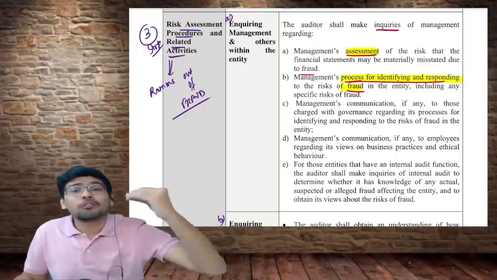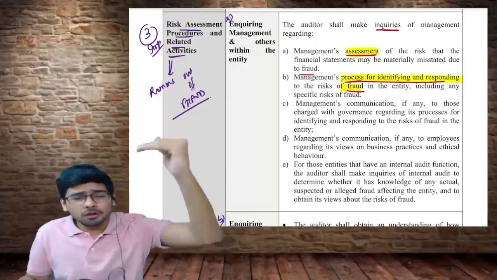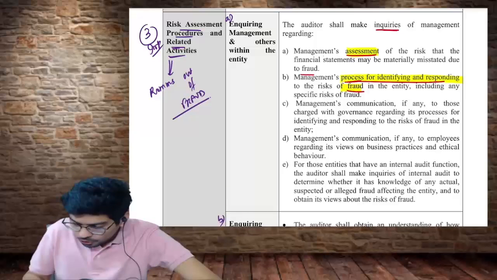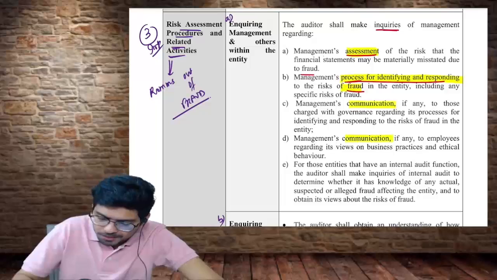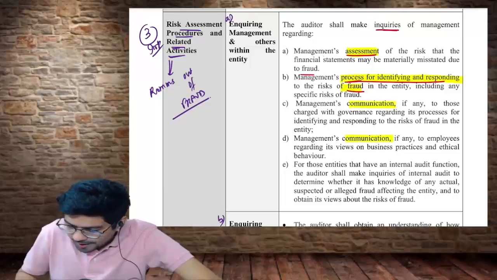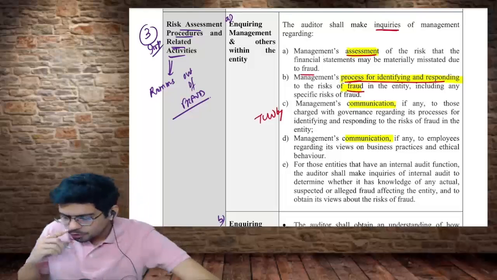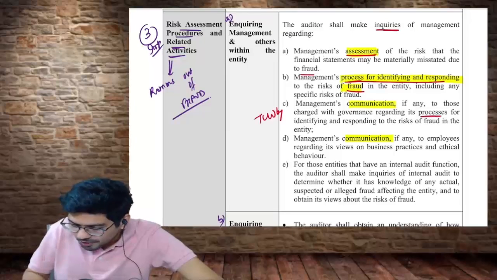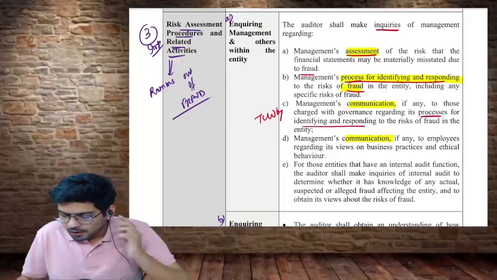Okay, then let's say a fraud was detected. So whether the management communicates the fraud to higher authorities or to the concerned employees. So points with respect to communication, management's communication. 2 points with respect to communication, if you can see. Now, management's communication, but this communication is with whom? TCWG, regarding its processes for identifying and responding to risk of fraud.